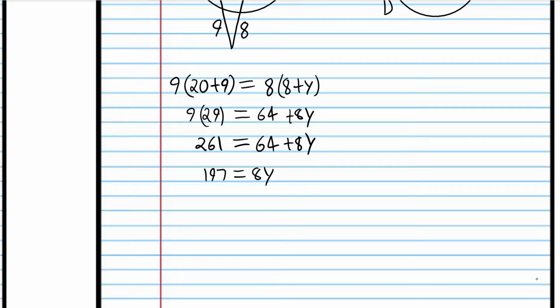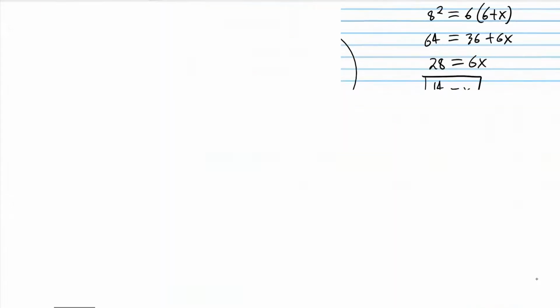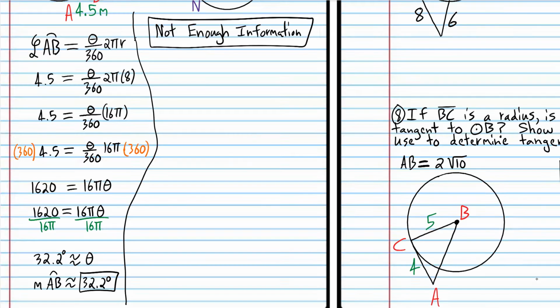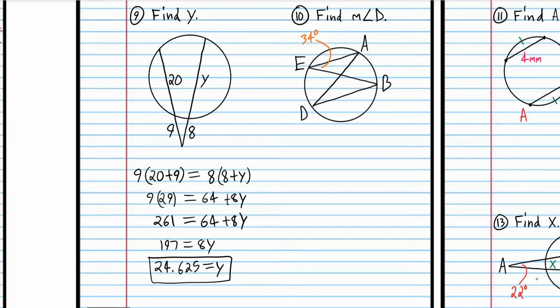And if we divide that by 8, I'm going to write it in decimal form. You can just write 197 over 8 if you want to as the final answer. I don't really care. So if you got that one right, good job. All right, on to number 10. Go ahead and try number 10, and when you come back, we'll do it together.